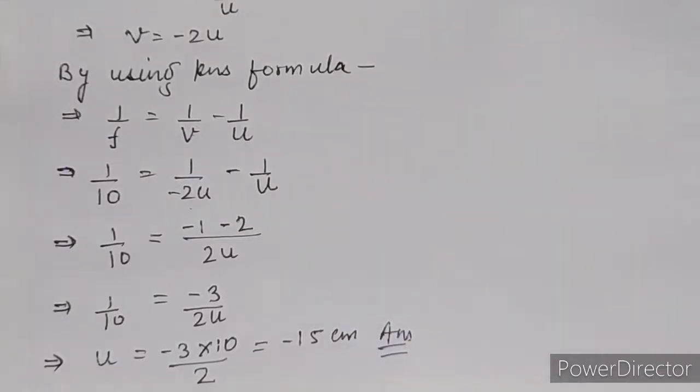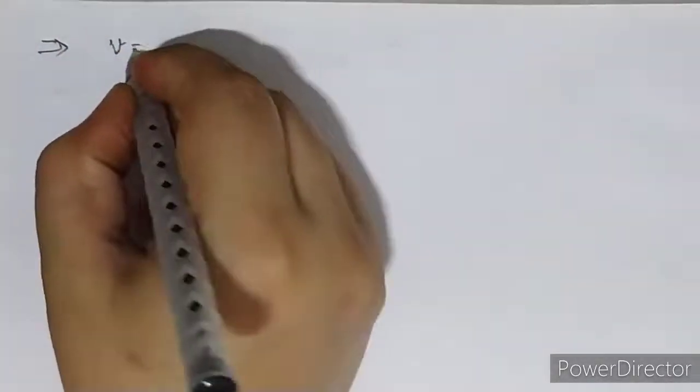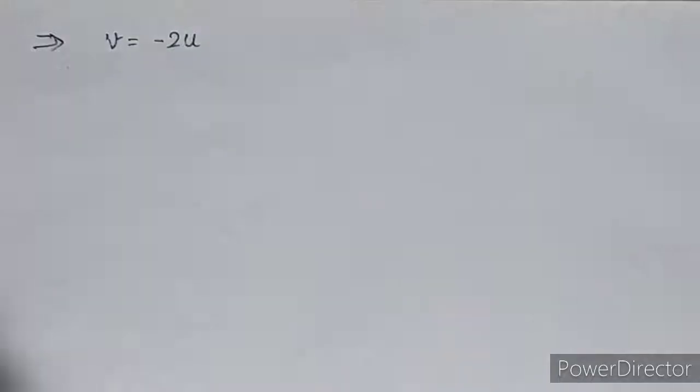Also we have to find the image distance. We know that the image distance v is twice of the object distance in the minus form.